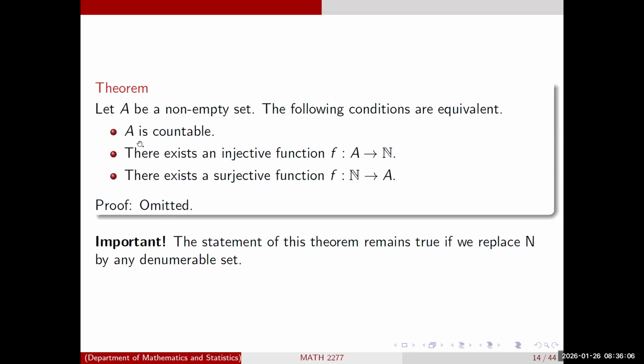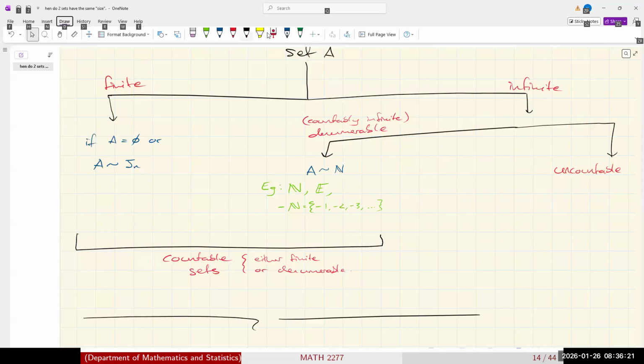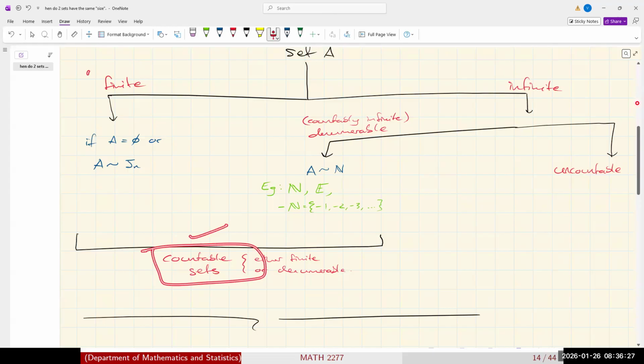The theorem tells us that when a set is countable, countable means infinite or denumerable. So if I know a set is countable, and I know it is not finite, then it must be, of course, denumerable.